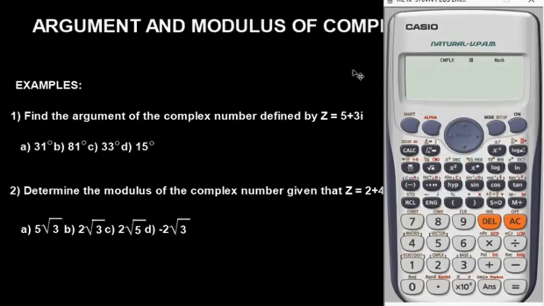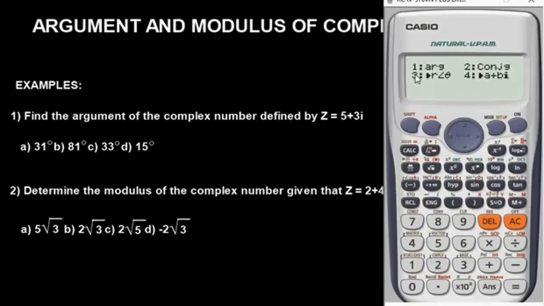After this step, the next thing you will do is find the argument of the complex number. To do that with the calculator, you start by pressing Shift, then button 2. When you look at button 2 closely on your calculator, you see complex on top, so you press button 2.